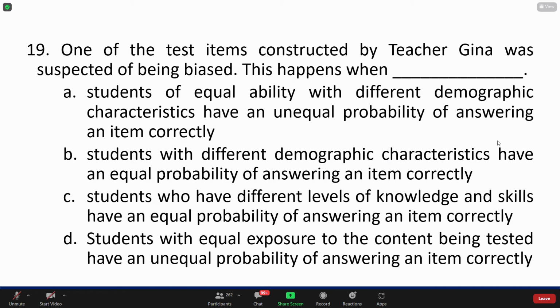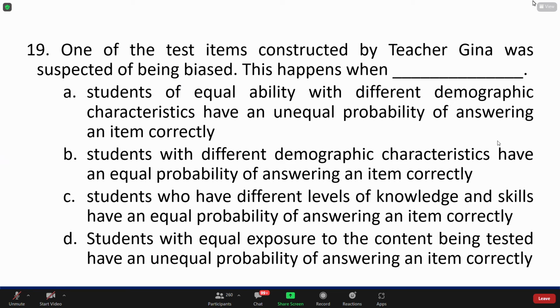Number 19: one of the test items constructed by teacher Gina was prone to being biased. This happens when blank. A. Students of equal ability with different demographic characteristics have an equal probability of answering an item correctly. B. Students with different demographic characteristics have an equal probability of answering an item correctly.